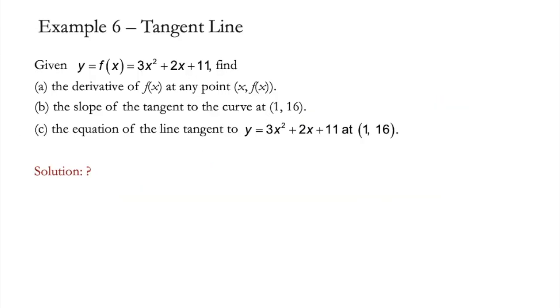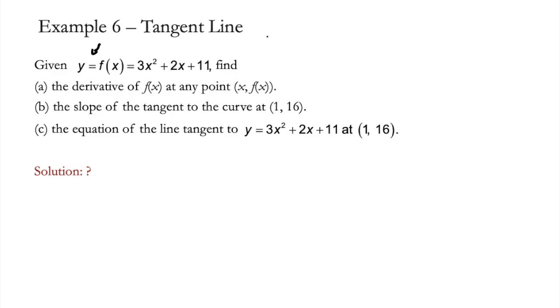Now let's look at the example here. We want to find the slope of the tangent line at one particular point. Given this exercise, y equals f(x) equals 3x squared plus 2x plus 11. Question A: find the derivative of f(x) at any point x.